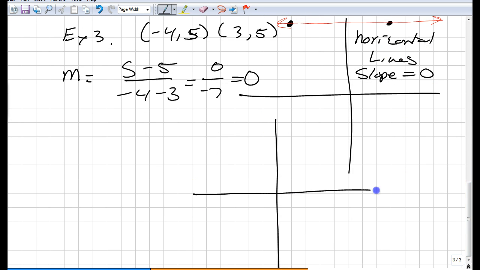Now, what about a vertical line? So example 4. If I have the points 2, 4, so over 2, up 1, 2, 3, 4, and the point 2, negative 1, I'm sorry.